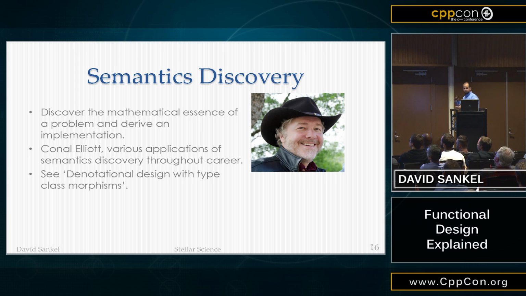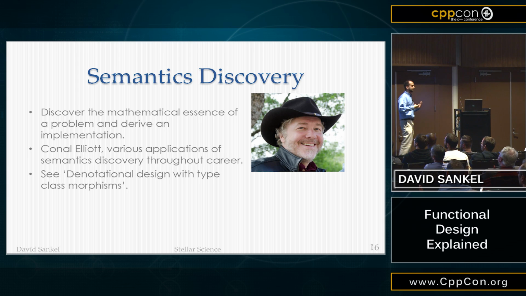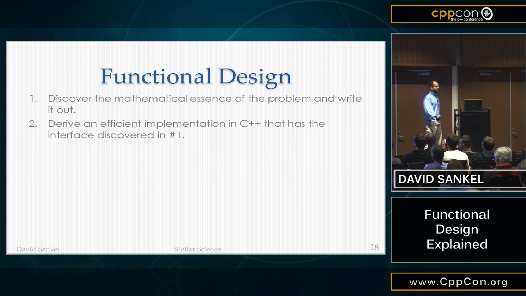So now we have some ingredients here. The idea of math augmented with some extra constructs can represent the essence of code. We have the idea of writing programs in math. We have the idea of C++, how it straddles all these different levels of abstraction. And finally, we have the idea of trying to discover the essence of a problem using math and then deriving the implementation.